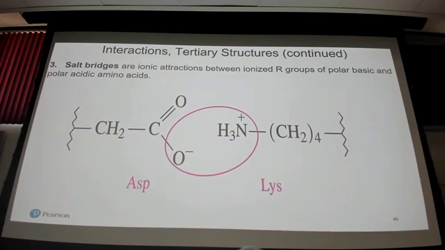When there are opposing charges at physiological pH, you're going to have a salt bridge interaction, and they're going to attract each other and also cause a particular conformational 3D structure of the protein.